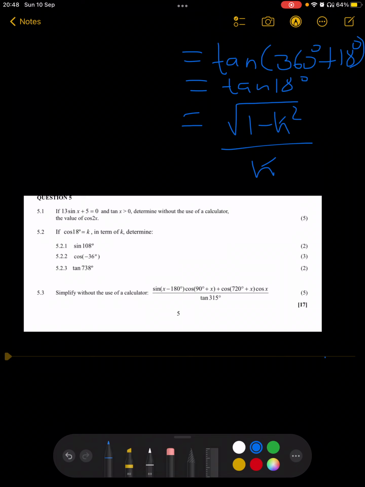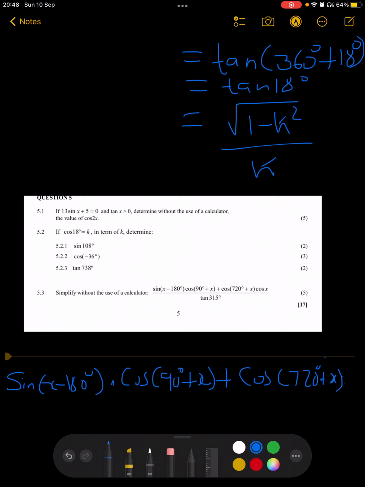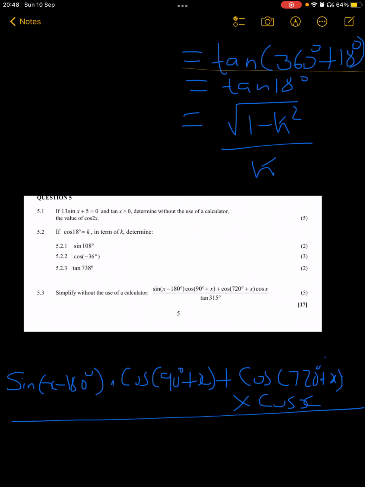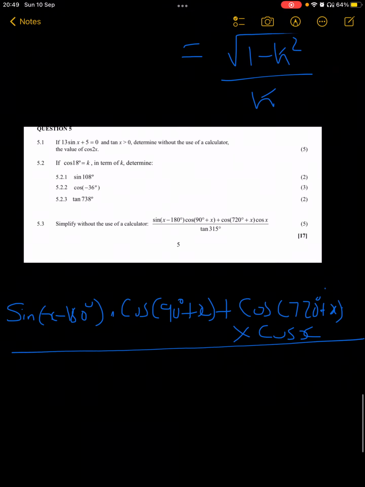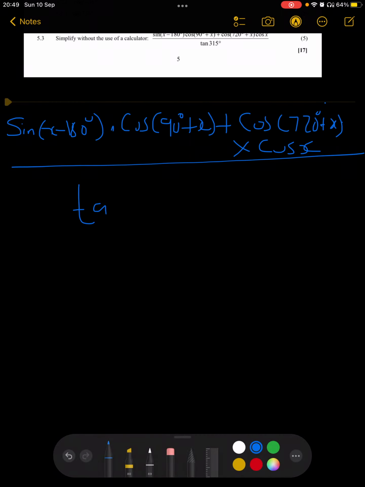The sine of x minus 180 times cos of 90 plus x plus the cos of 720 plus x times cos of x, all divided by tan of 315.